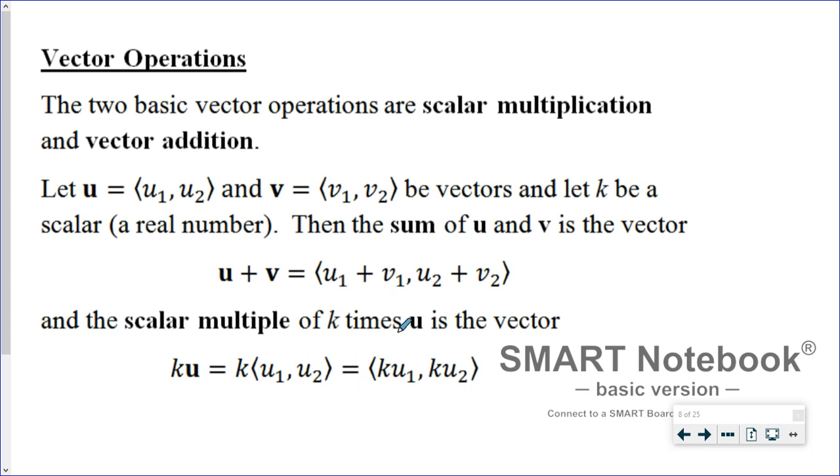And the scalar multiple k times u: remember k is just a real number, 2, 7, negative 5, and all you have to do is multiply that by each of the components.